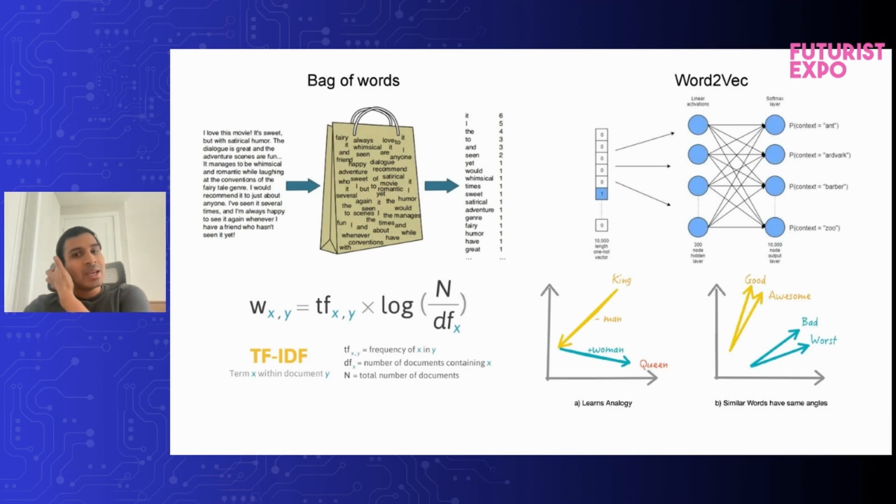So if you take the embedding of king, subtract the embedding of the word man, and then add the embedding of the word woman, you will get an embedding that is close to queen. The embedding of each word is encapsulating the meaning of the word, the semantics of the word, etc.